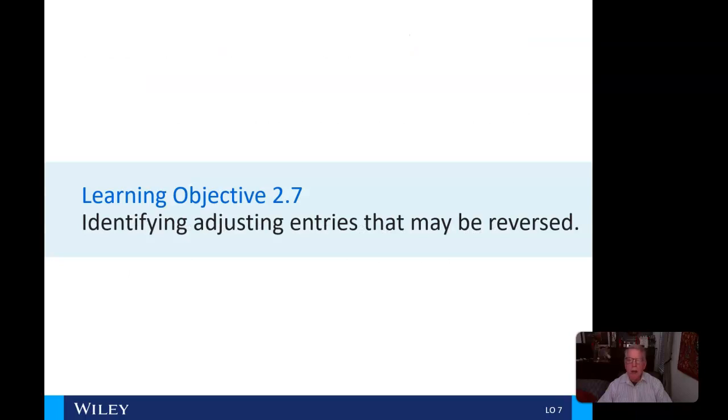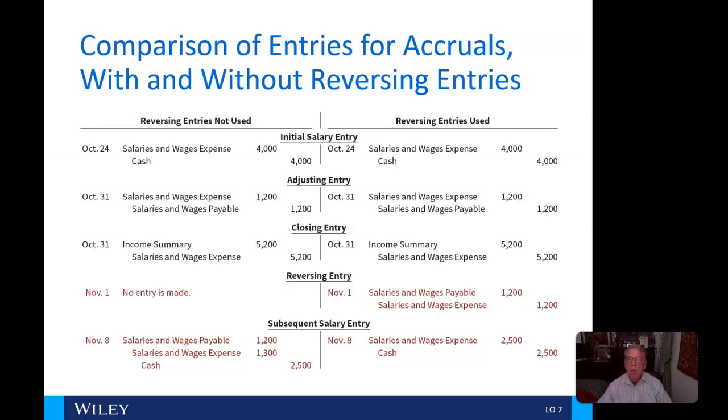All right, here we're going to look at adjusting entries that may need to be reversed. Here is a little complex. Our initial salary of $4,000, right? That's normal. That's not going to have a reversing entry effect.